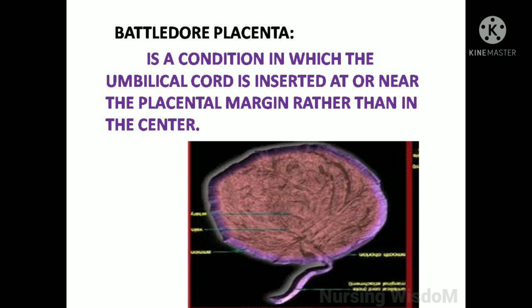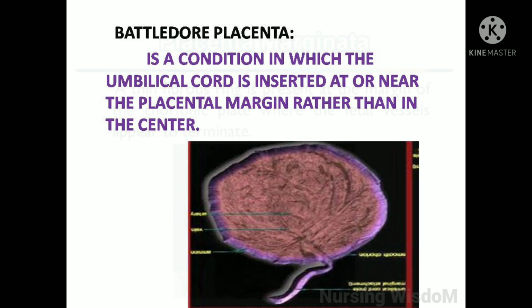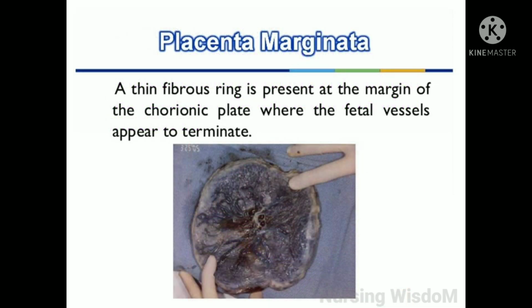Battledore placenta. It is a condition in which the umbilical cord is inserted at or near the placental margin rather than in the center. Placenta marginata. A thin fibrous ring is present at the margin of the chorionic plate where the fetal vessels appear to terminate.